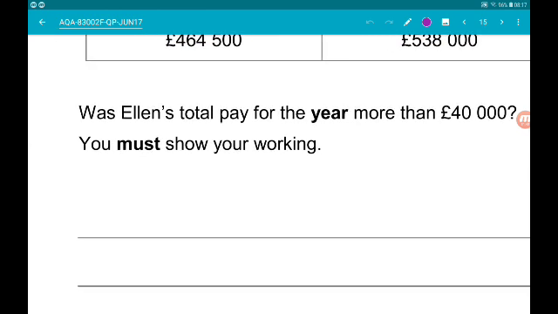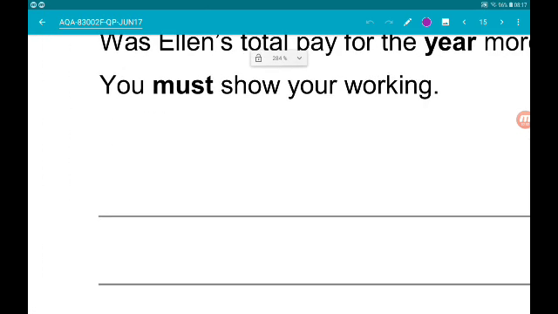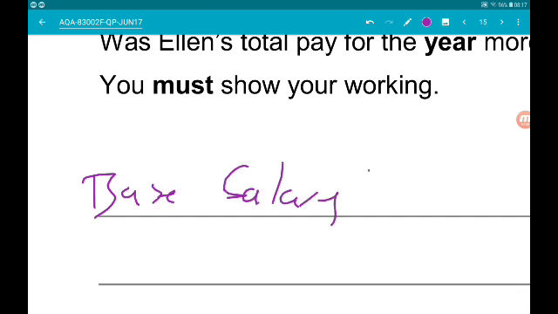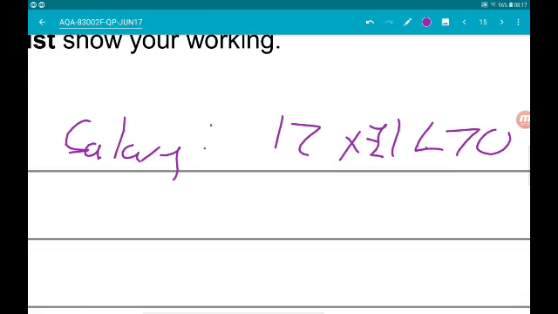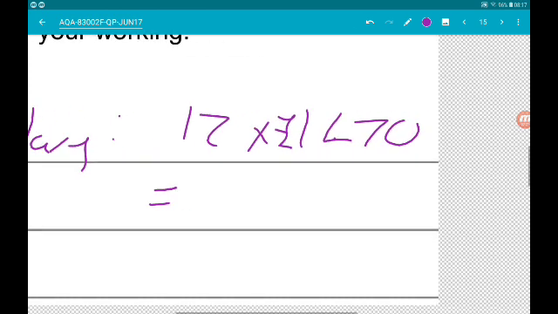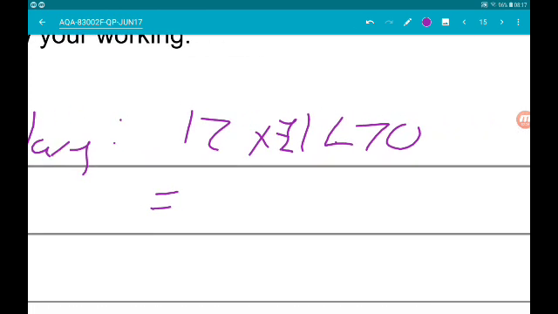Okay, so lots of information, break it down. So first of all, we know that her base salary per month is 1,470. So base salary for the year is 12 times 1,470.